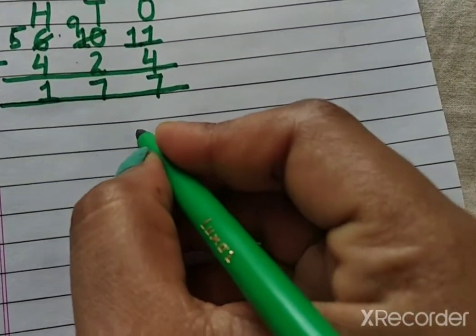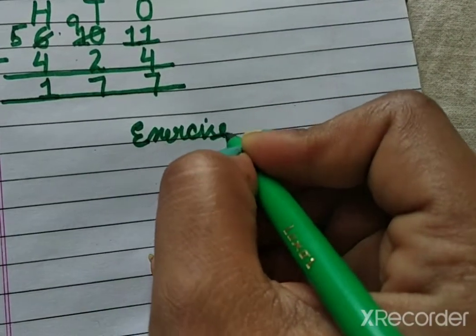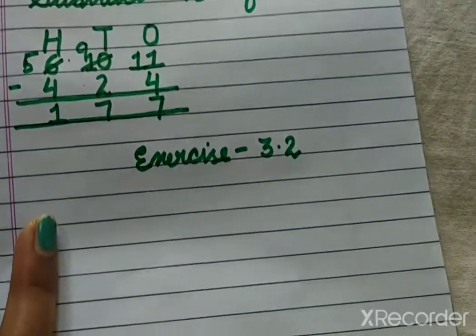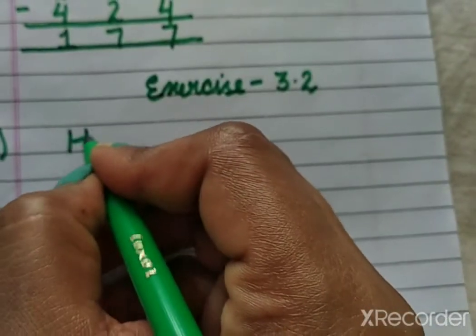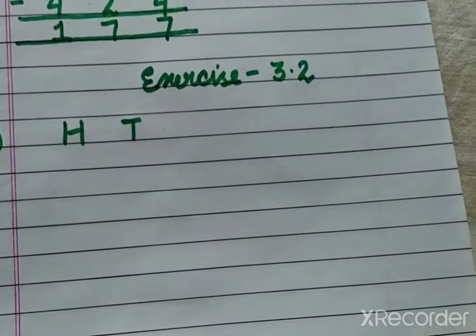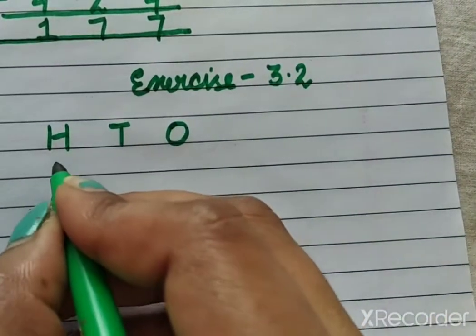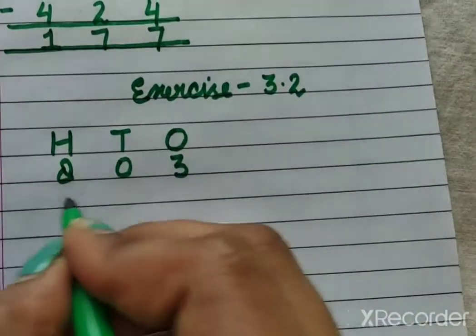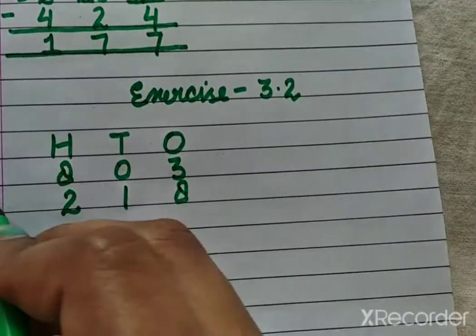First one, question number A. H T O: 8 0 3 minus 2 1 8.